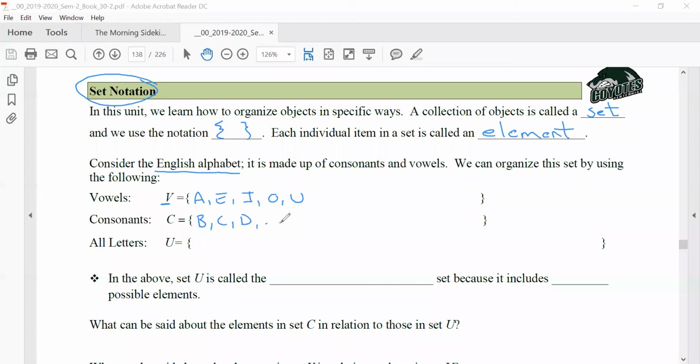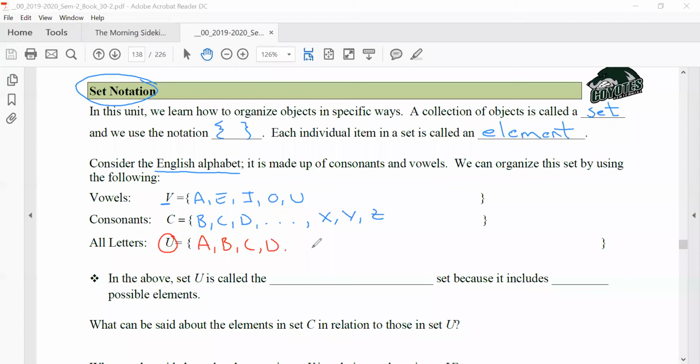And I'm going to skip a bunch here because I don't want to list them all out. It's a bit of a pain. So when I'm skipping something or a list is continuing, you're going to put 3 dots. There it is. And all letters, do you see how all letters is a capital U? That U is an important letter.